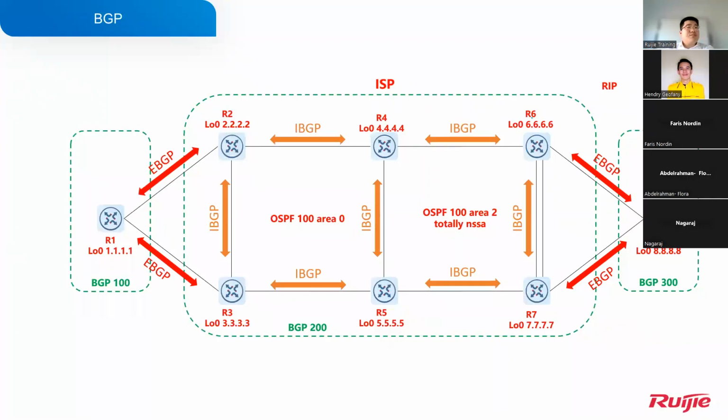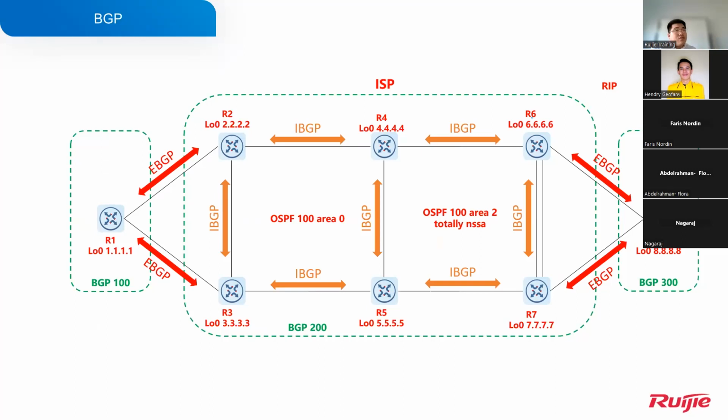And next comes BGP. Before we introduce BGP here, I want to say that we have configured the IP address of all the interfaces. Then we have configured OSPF and RIP, right? And then next is the route redistribution.